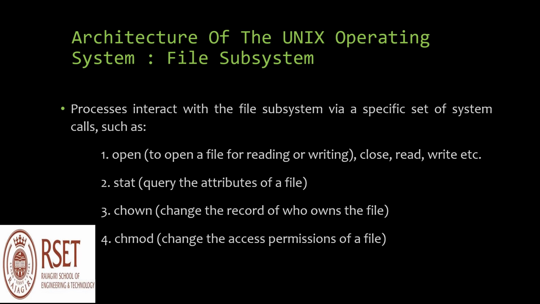Then we have the stat system call to query the attributes of a file, chown to change the owner of the file, and chmod to change the access permission of a file. The file subsystem manages files, allocating file space, administering free space, controlling access to the files, and retrieving data for users.